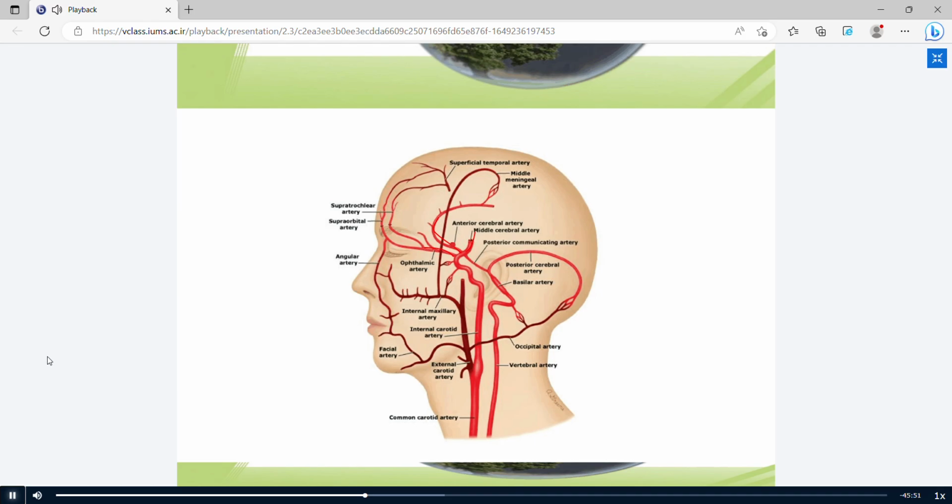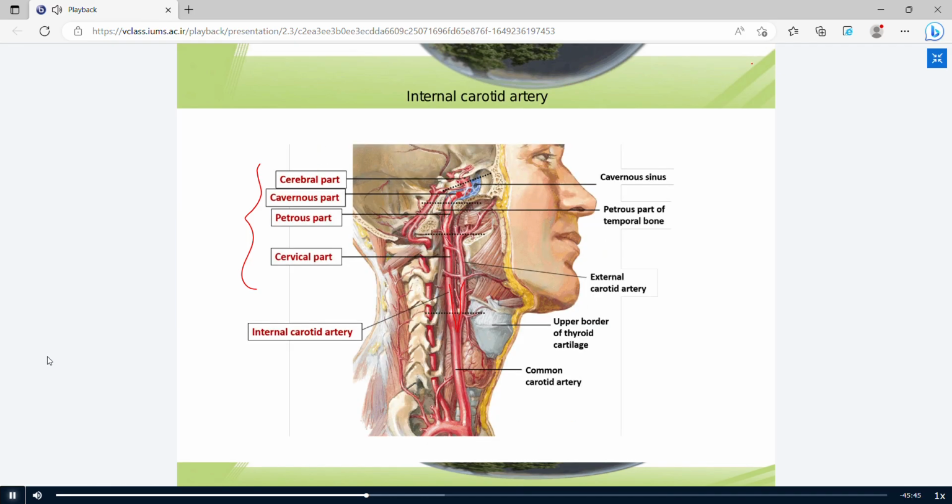The middle and anterior cerebral and ophthalmic arteries are branches of the cerebral part of the internal carotid artery. The internal carotid artery in the neck has no branch. You know, it passes through the carotid canal and enters the skull.